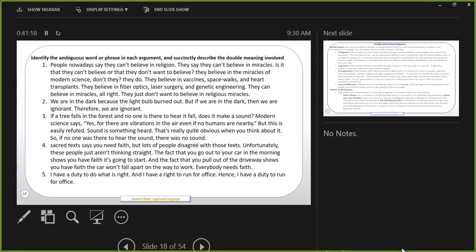But a lot of people disagree with those texts. Unfortunately, these people just are not thinking straight. The fact that you go out to your car in the morning shows you have faith it's going to start. What is faith in this context?